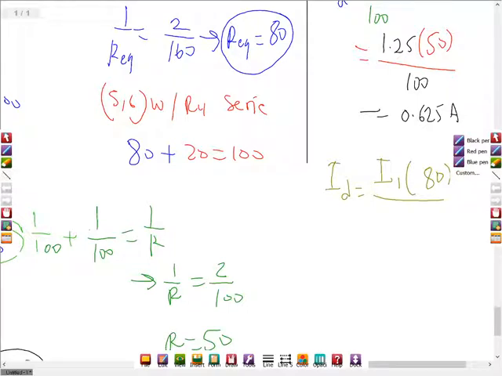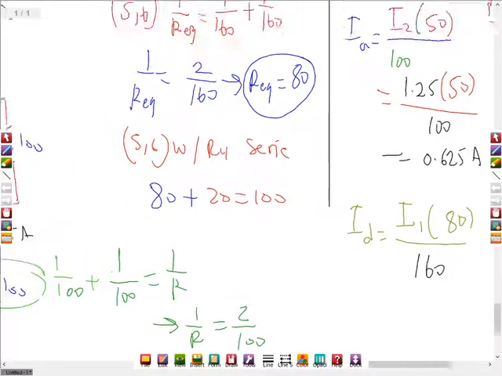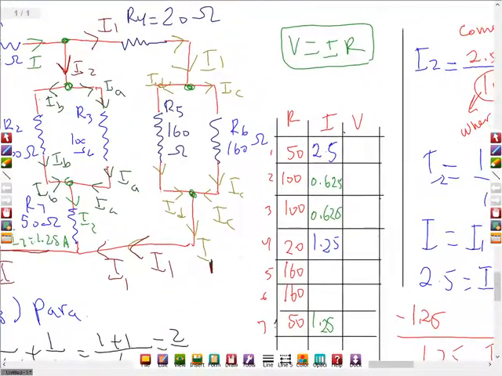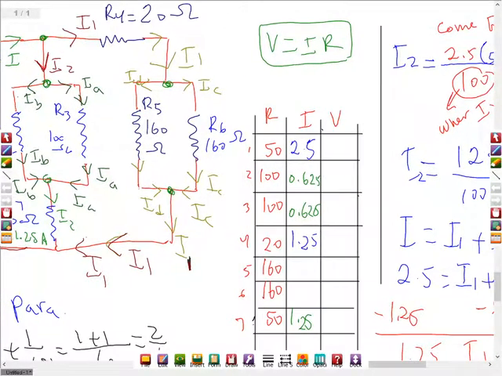ID comes from I1. I1 goes to these two, 160, 160, and ID goes to 160 ohm.